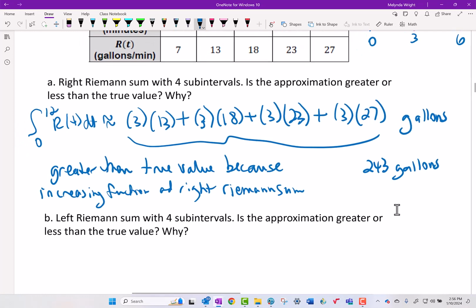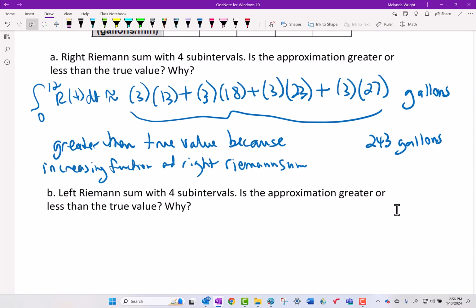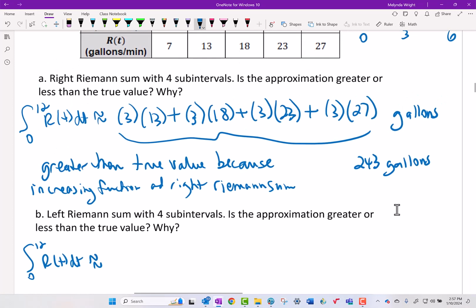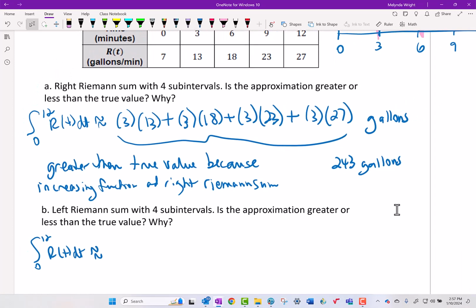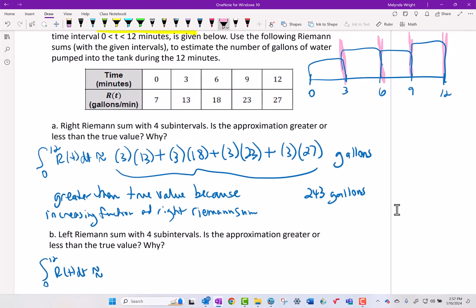Okay. So the left one, I hope we get the idea of this. The integral from 0 to 12 of R of t dt is approximately. So we would use the left endpoints. Let's use a different color. So we would use 0, 3, 6, and 9, those heights.